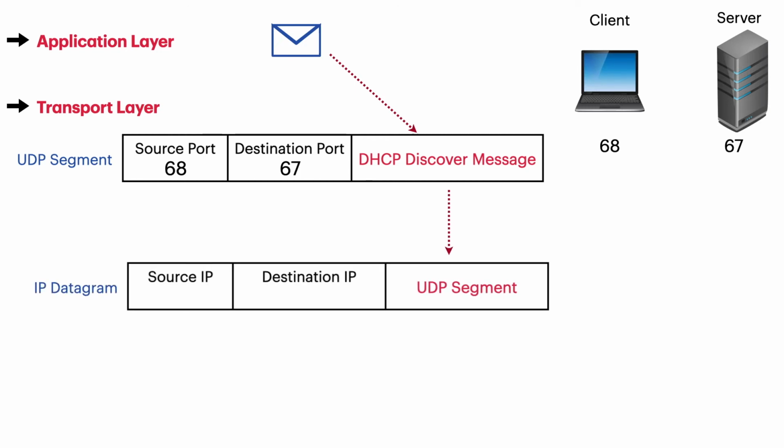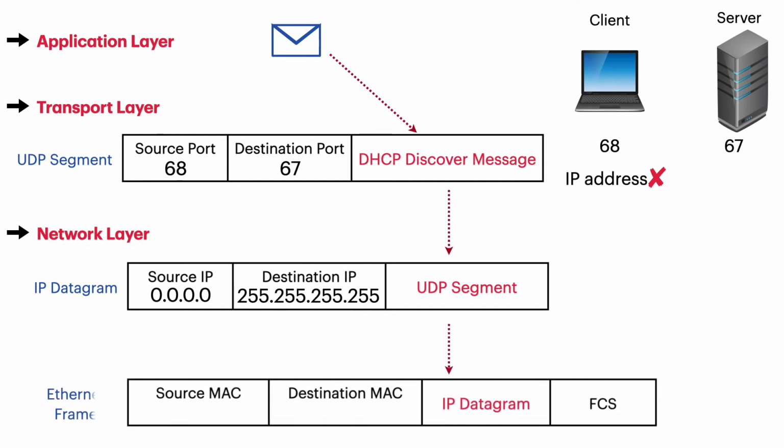The UDP segment is then placed in an IP datagram in the network layer with the source IP address as 0, because the client does not have an IP address, and the destination IP address as the broadcast IP address, because the client does not know the IP address of the DHCP server.